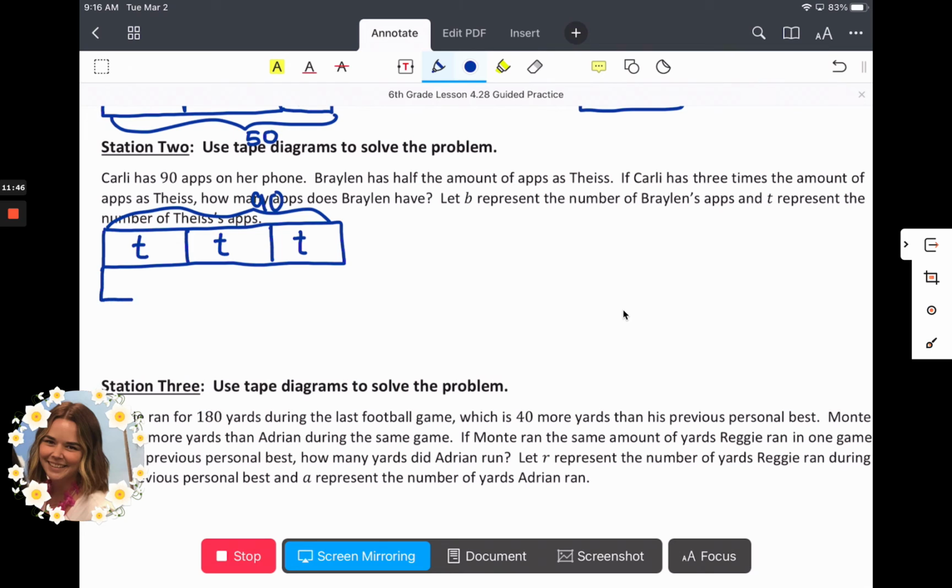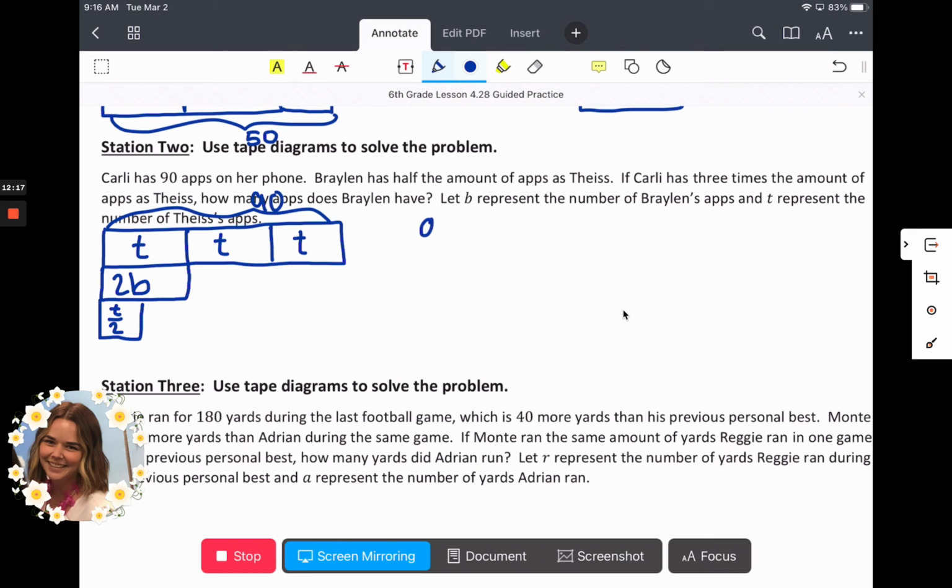So one of these is Theus, and Braylon has half the amount that Theus does. So we could say T divided by 2 for Braylon, or 2b for Theus. We need to know how much Braylon has. So first we need to figure out how many apps Theus has.